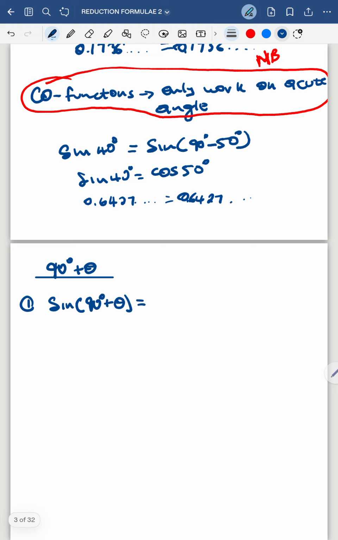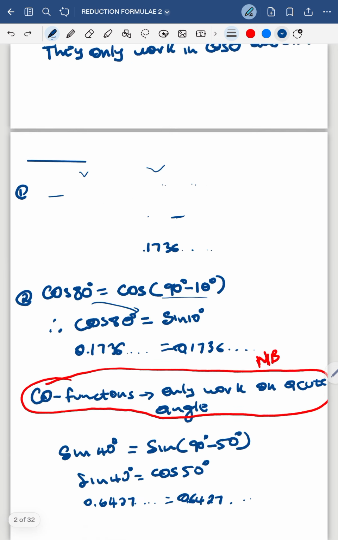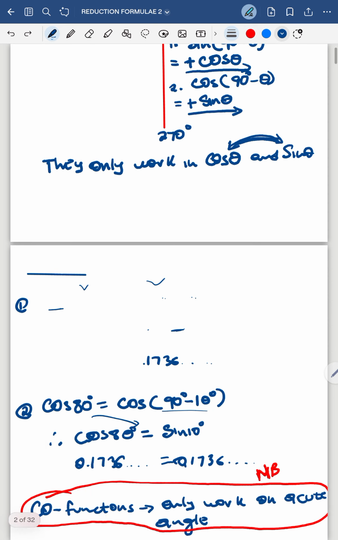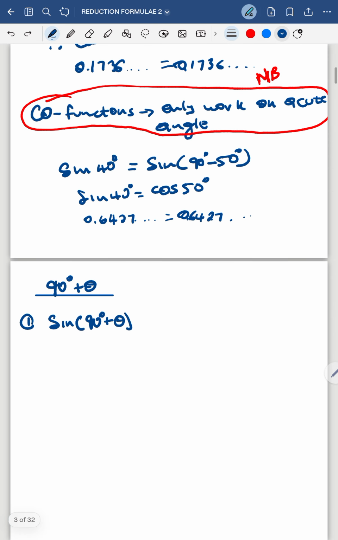You ask yourself, what is this quadrant? It's the second quadrant. Let's do the same way we did here, so that you can see. Our equal sign has to be here. If we say 90 degrees plus theta, then we know this is the second quadrant.